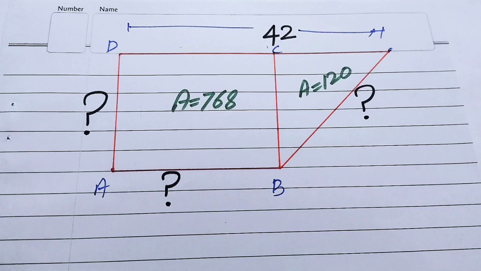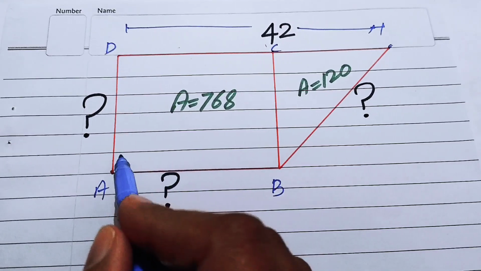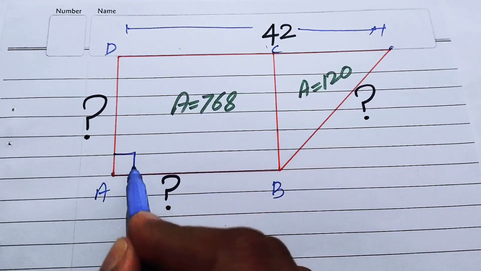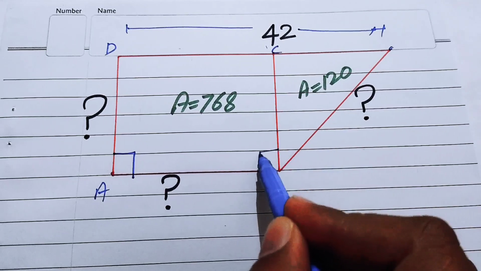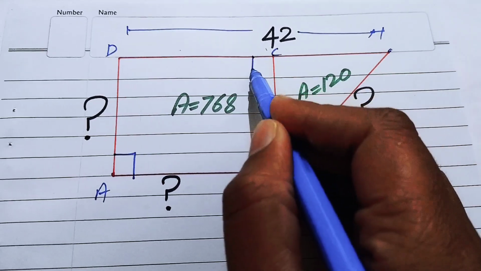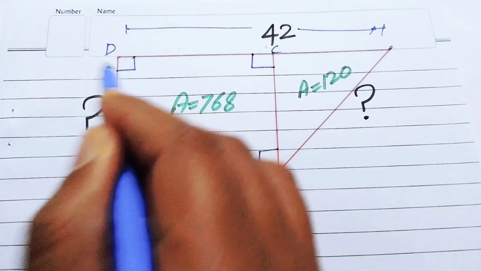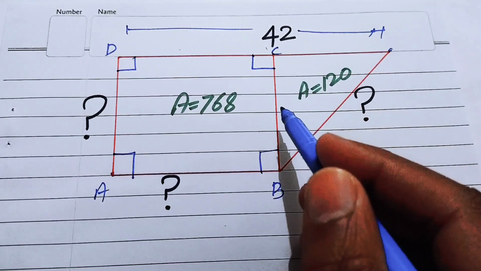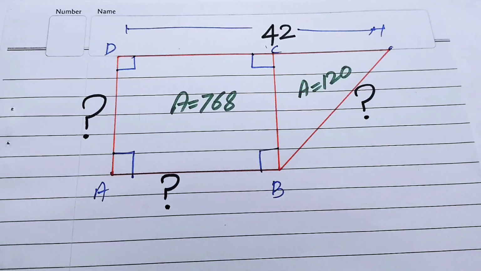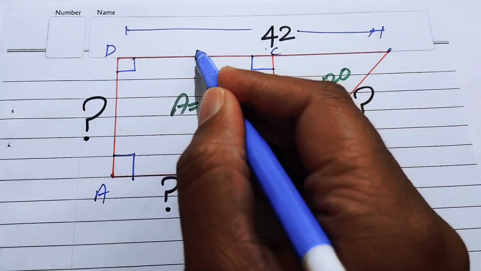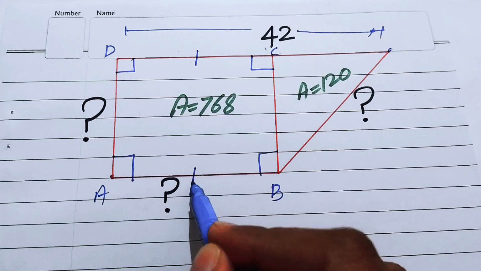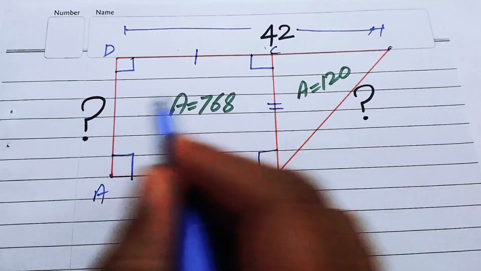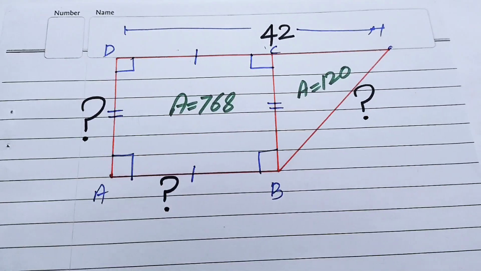First, you should know about a rectangle. In a rectangle each angle is 90 degrees, so all four angles must be 90 degrees. And the opposite sides are equal in length, so this side length is equal to this one, and this side length is equal to this one.